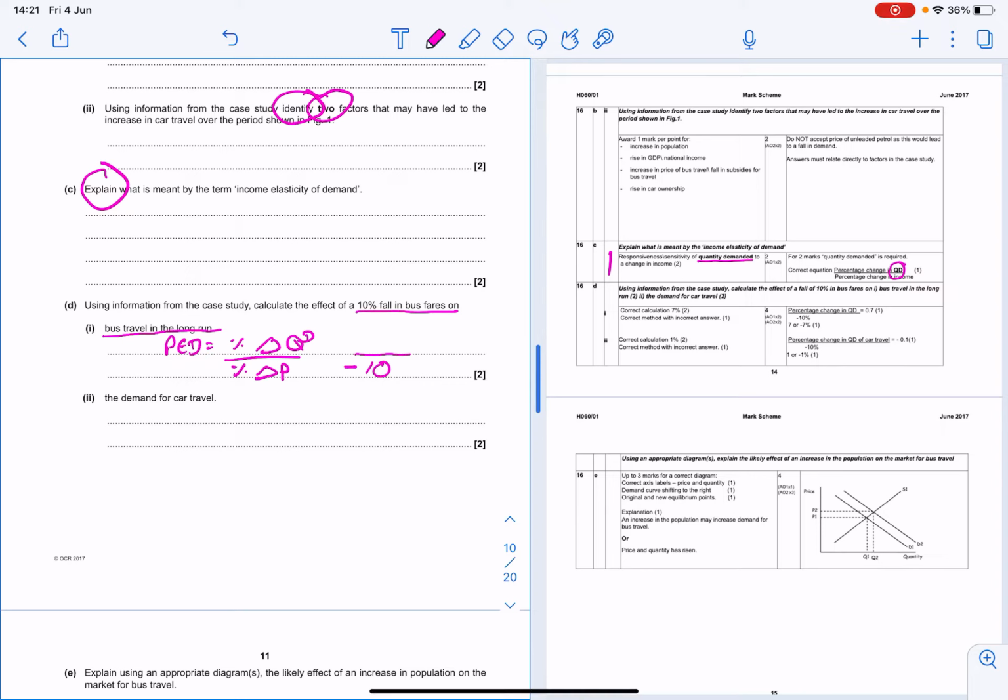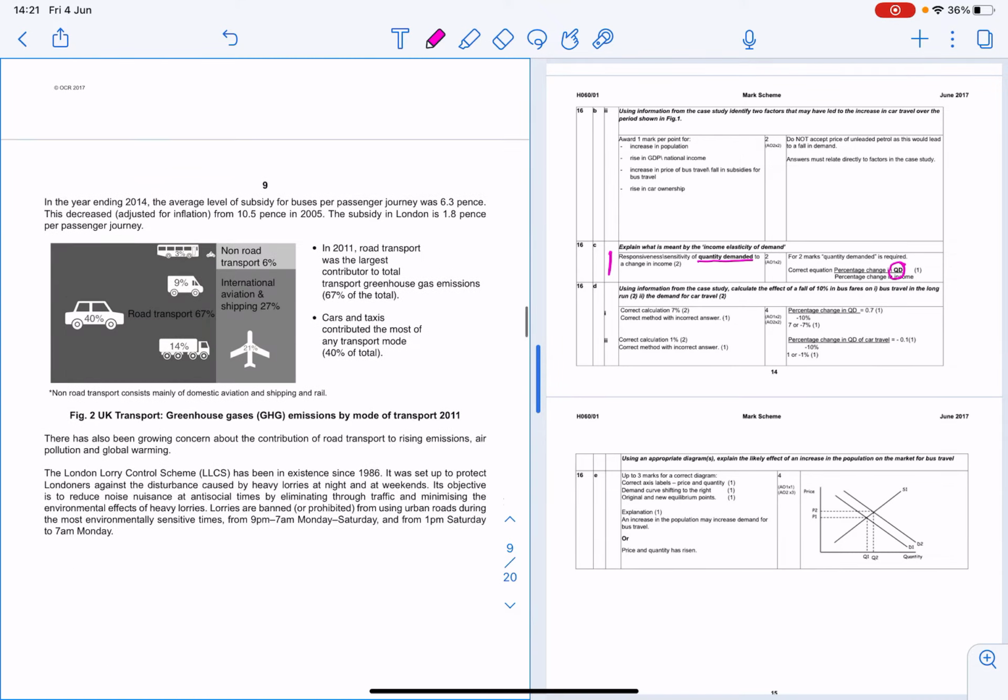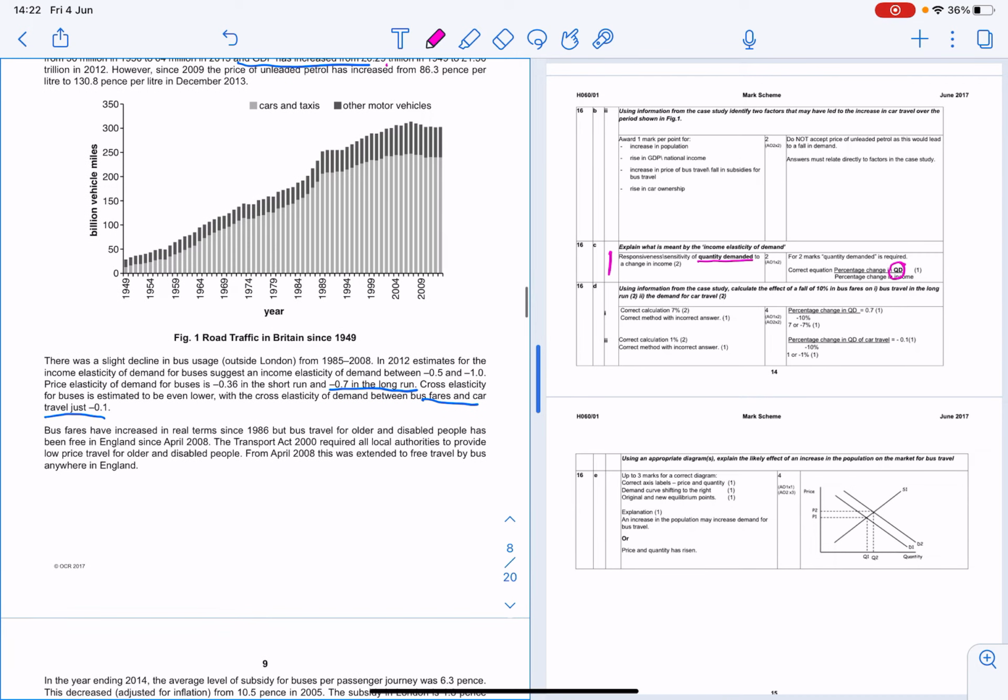Now we need to go to the passage for the information. So we're looking at what's happening to bus travel in the long run. The passage talks about the long run and the passage talks about the short run. So just here, it's saying the price elasticity of demand for buses is minus 0.36 in the short run and minus 0.7 in the long run.